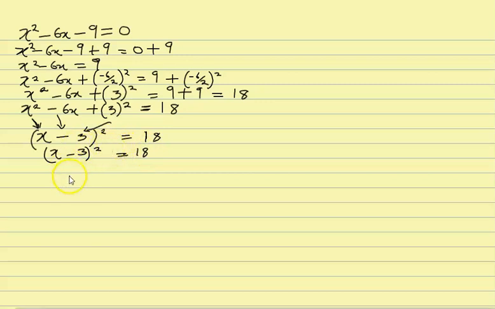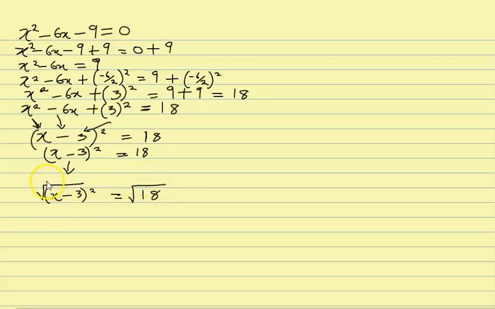So the next thing to do at this point is to find the square root of both sides. So we have the square root of x minus 3 squared equals the square root of 18, since we are finding the square root of both sides.